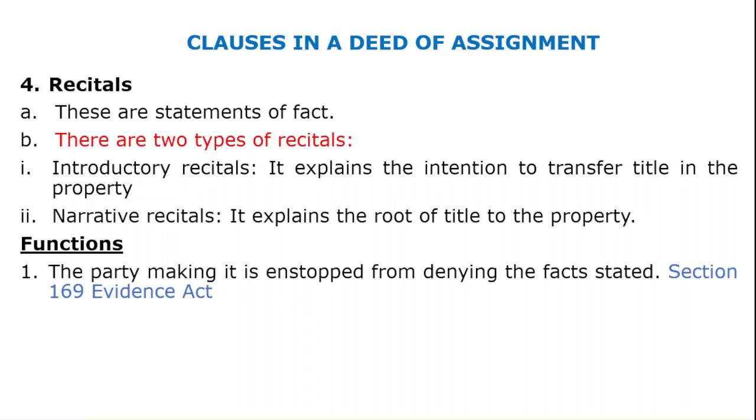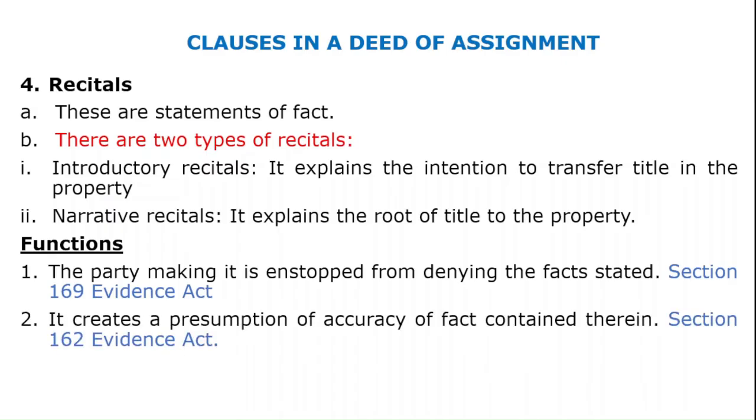Another function of a recital is that it creates a presumption of accuracy of the facts contained therein. For that we'll see section 162 of the Evidence Act.